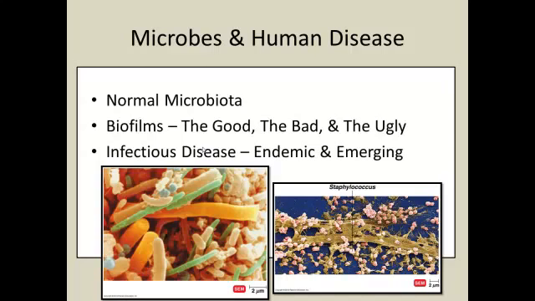Emerging diseases are diseases that we either haven't been familiar with or they're moving from one place to another. An example of an emerging disease would be West Nile virus. We didn't have it in the United States until about 4 years ago. It came over from the Mediterranean, got here, and now it's becoming endemic. It's here to stay.